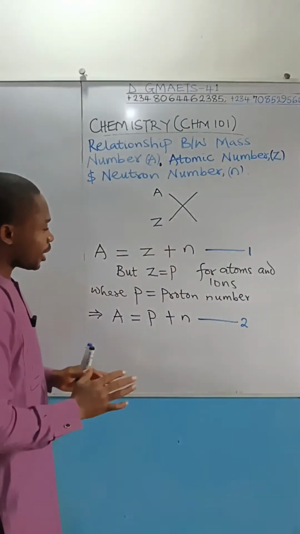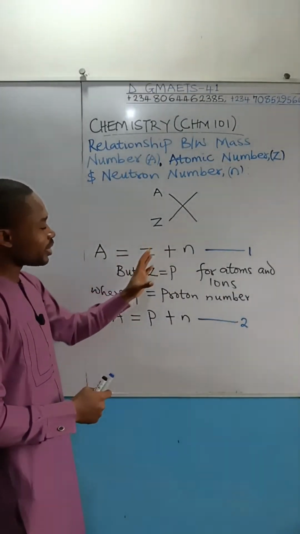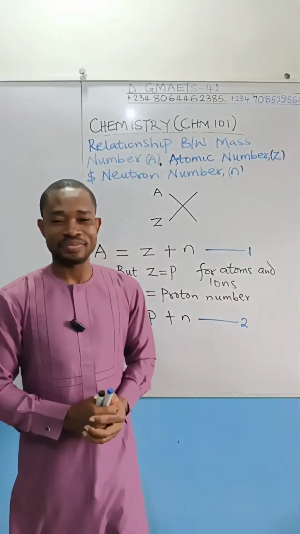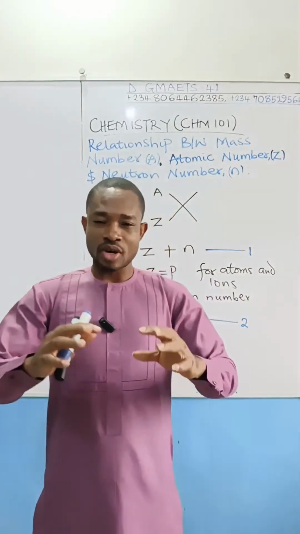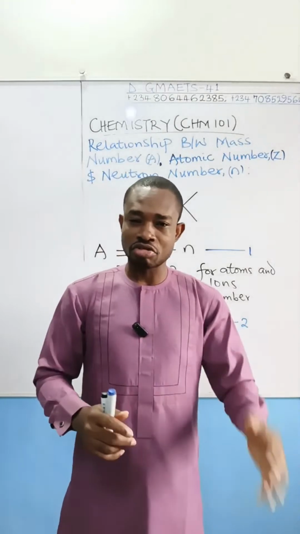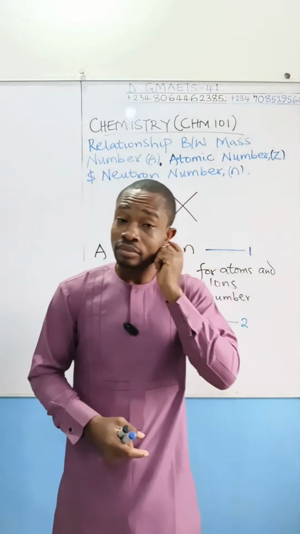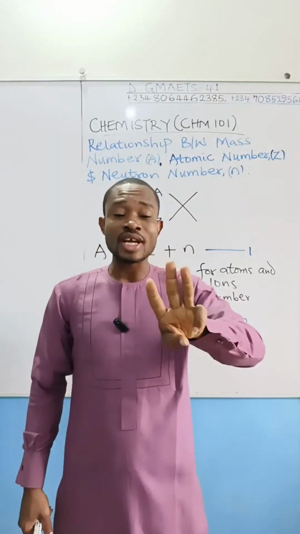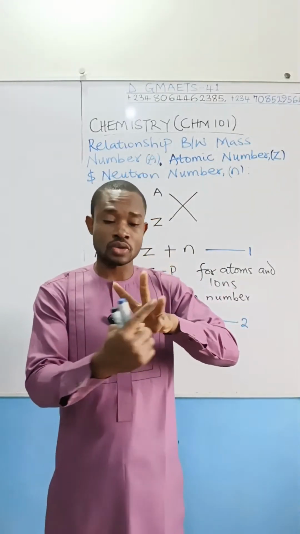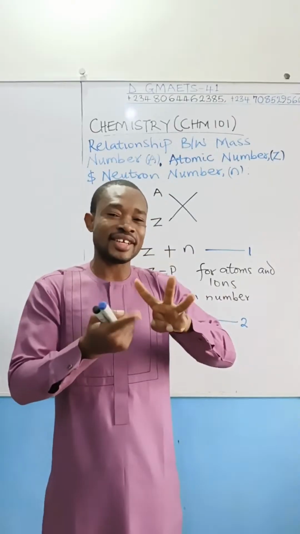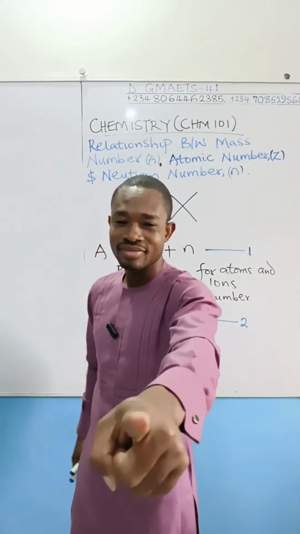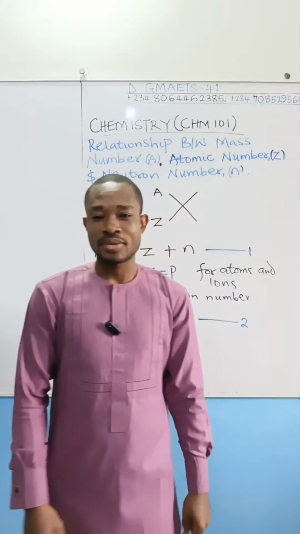All right, so now I want to bring in another relationship. We've been talking about protons, we've talked about neutrons, we've talked about atomic number, we've talked about mass number. There are 3 fundamental particles of an atom: protons, neutrons, and the third one is electrons.